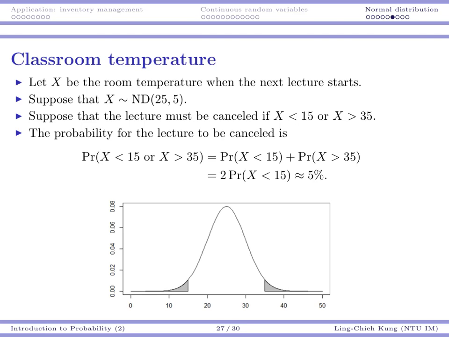Interestingly, you can see that according to the curve, if you depict the two regions, from 0 to 15 and from 35 to, for example, 50, because the curve is symmetric, these two probabilities would be the same.